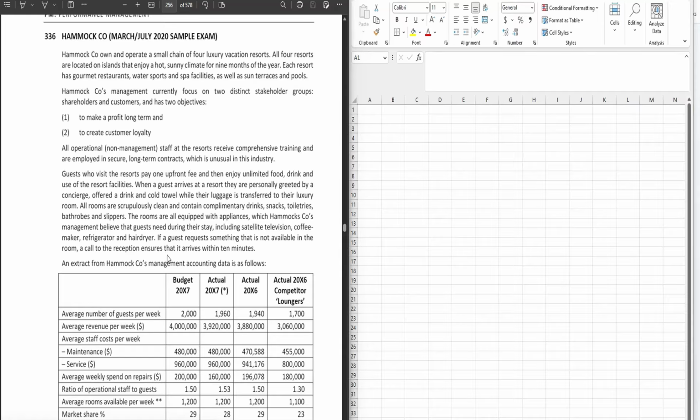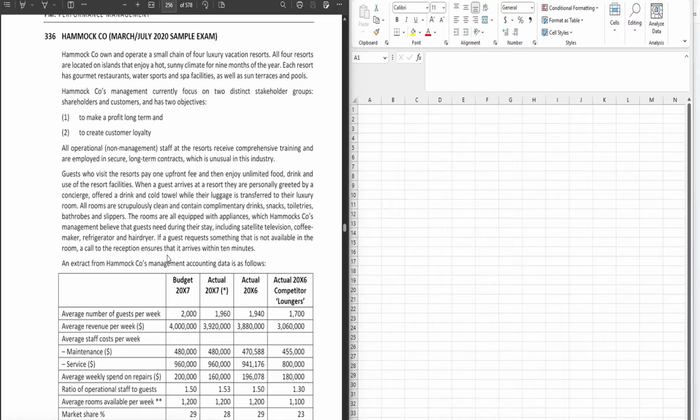So basically, they are just discussing the guest when they arrive. They need to pay the fee. They can enjoy the unlimited food, drinks, and other facilities. When they come to the resort, they are personally greeted. They are provided with the drink and the cold towel, right? And their luggage is transferred to the room which they have booked.